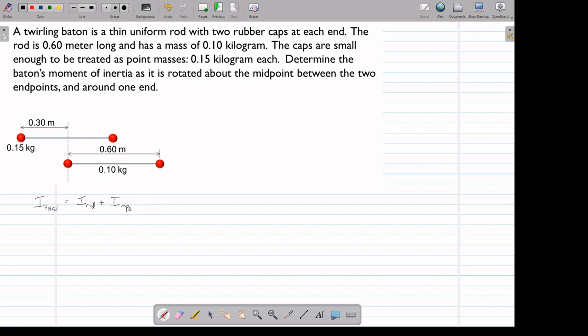It's cap A, cap B. Now, because the end caps have the same mass and they are the same distance from this axis of rotation, their moments of inertia should be the same. So we can simplify this just a little bit by saying that I total is equal to the moment of inertia of the rod plus 2 times the moment of inertia of the end caps. So now we just need to get formulas for these and we're good to go.